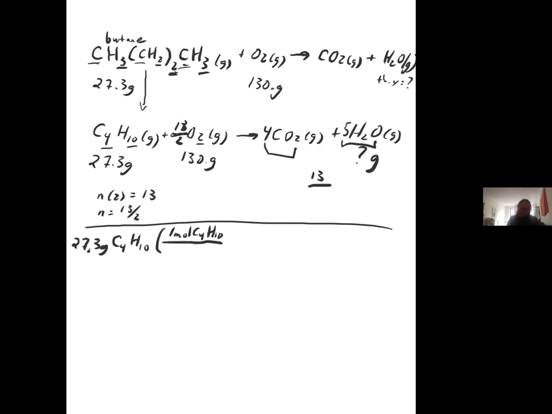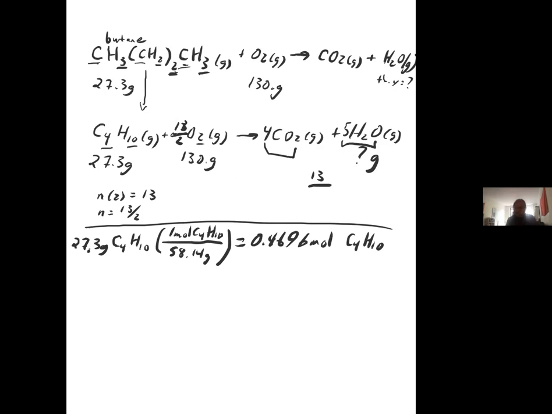The molar mass is 58.14. It's a lot like sodium chloride, 58.44, but this is 58.14. So 27.3 over 58.14 gives 0.4696 moles of C4H10.